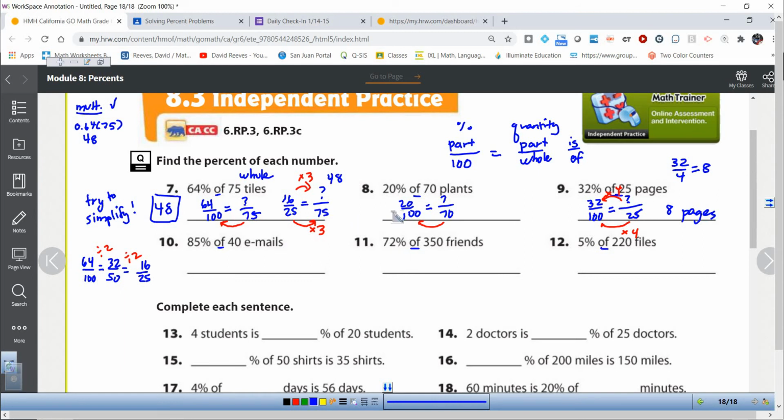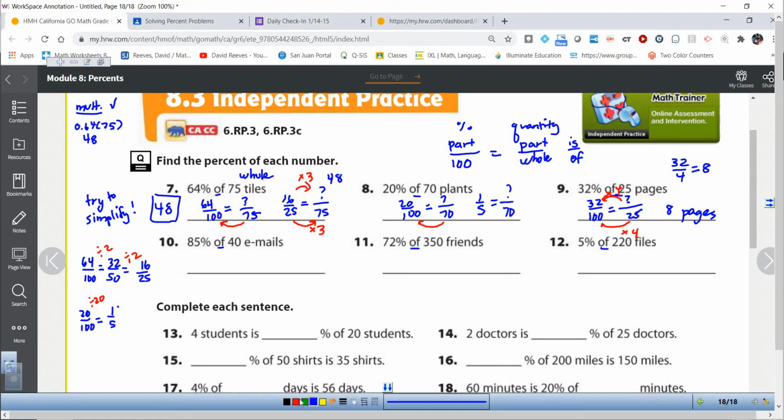Same thing here. I'm going to take 20 over 100, and I'm going to simplify that. I'm going to divide them both by 20, because I could divide by 20. Let me be consistent here and use red. I'm going to divide both of those by 20, and when I do that, I get 1/5. So when I rewrite it now, 1/5 equals what over 70?